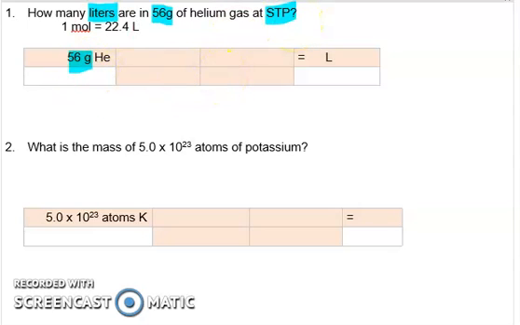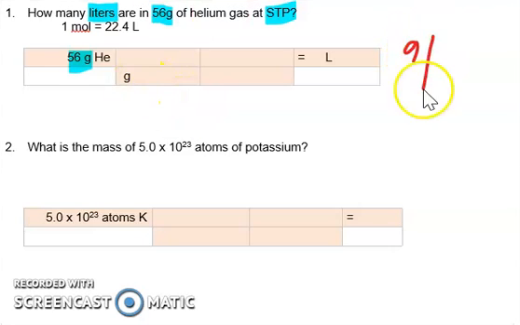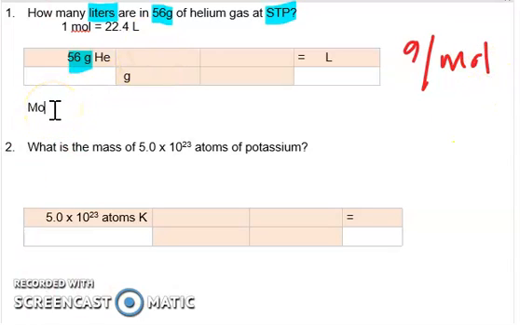Okay, so I have grams here. My answer does not have grams. So I need to cancel out my grams, so I need to have grams at the bottom. The only other conversion that has grams in it is grams per mole. Remember, grams per mole. And that means I have to find the molar mass of whatever I'm talking about.